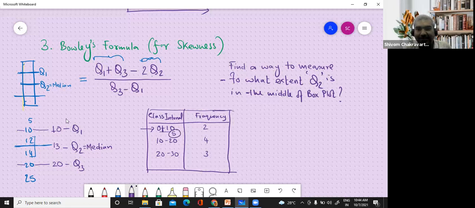We will treat that we have two fives in this data, two midpoints of this class interval in this data. Similarly, midpoint of this class interval is 15. We will treat as if there are four 15s in the data like that. So you don't have to worry about these modifications as of now, although I hope you understood the logic.